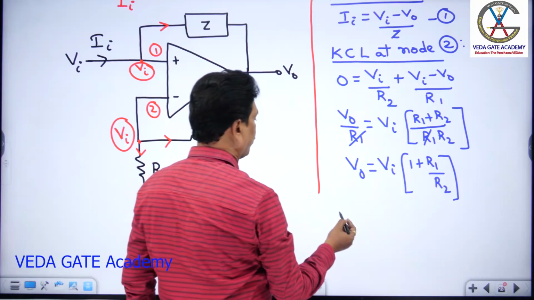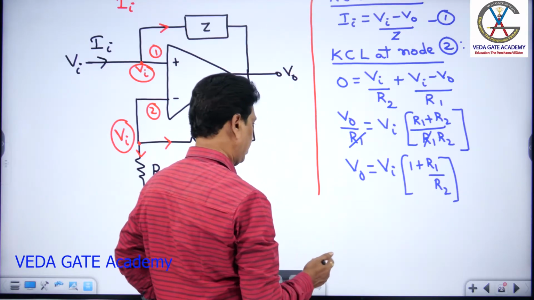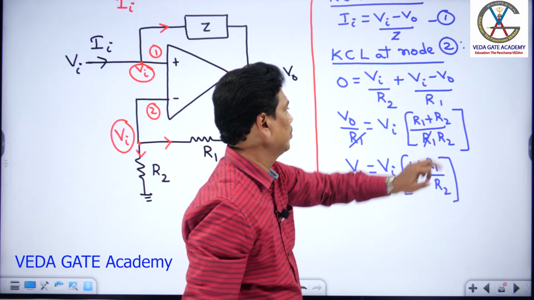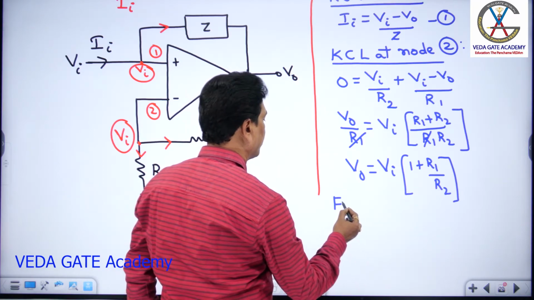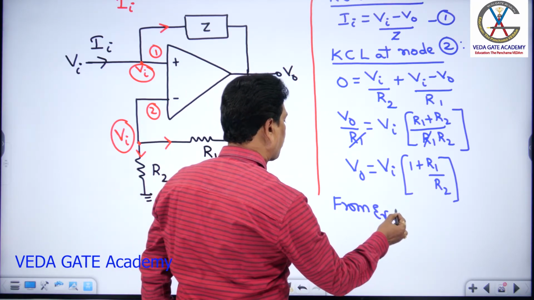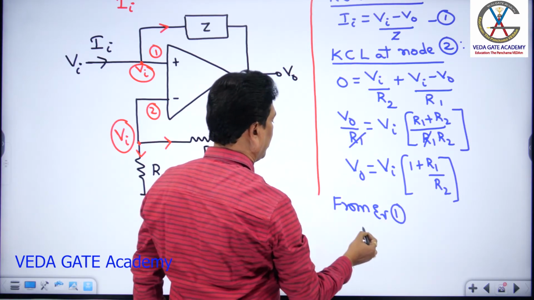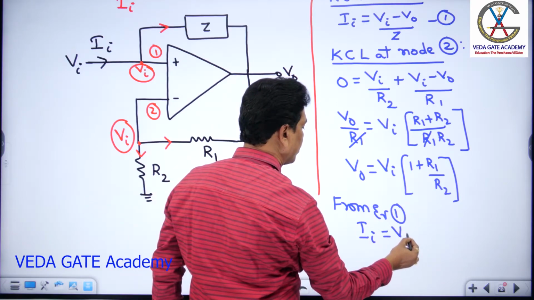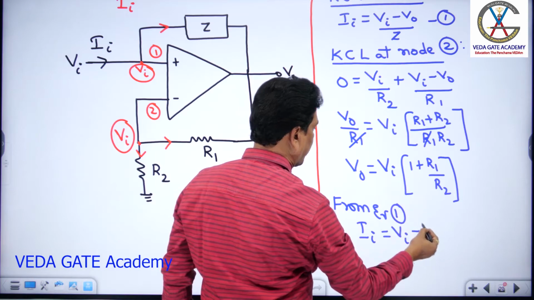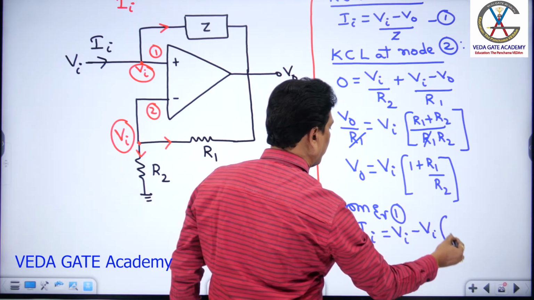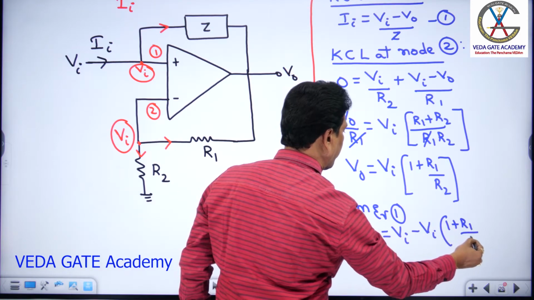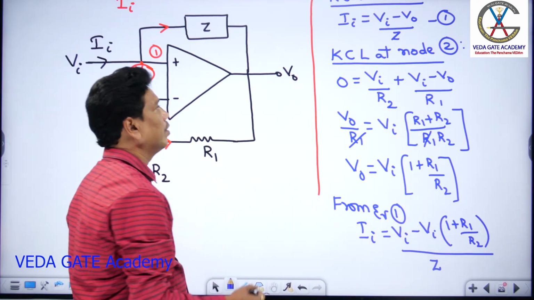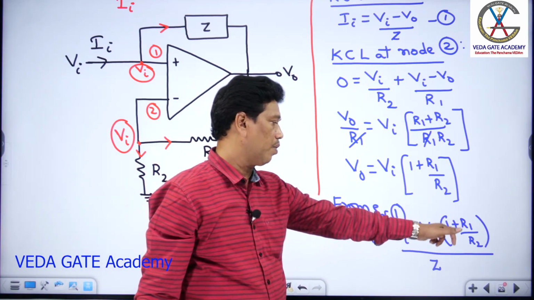From equation 1, Ia equals Vi minus V0 by Z, where V0 is Vi into (1 plus R1 by R2), all divided by Z.